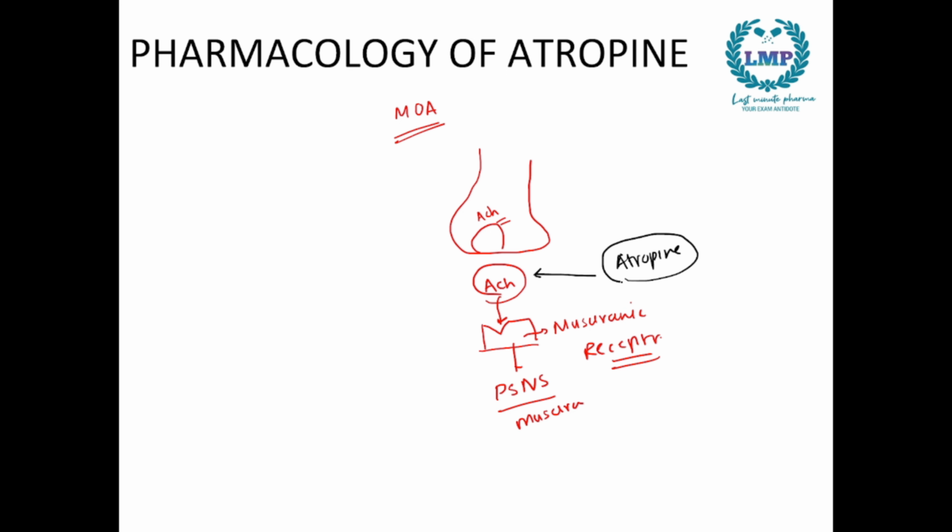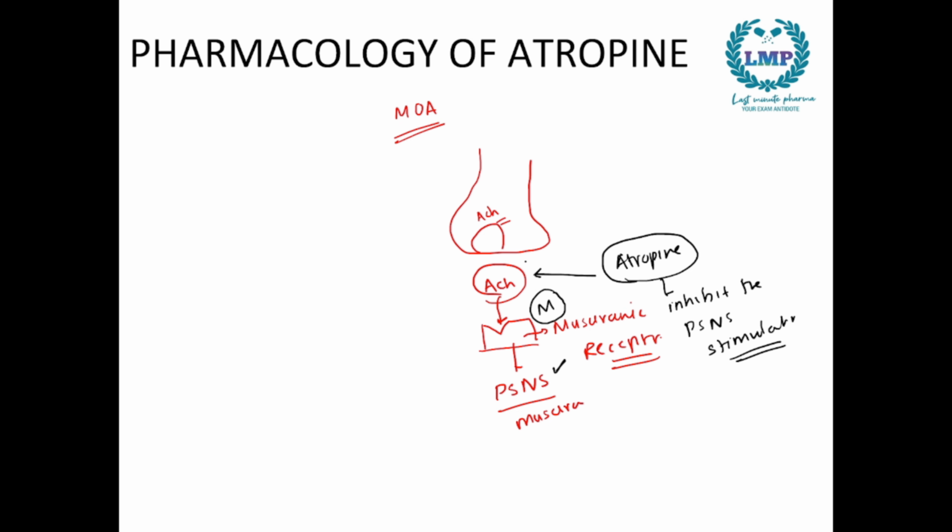It will not allow acetylcholine to bind with the M receptors or muscarinic receptors. As it does not allow acetylcholine to bind, it will inhibit parasympathetic nervous system stimulation. So this is the exact mechanism of action of this drug.